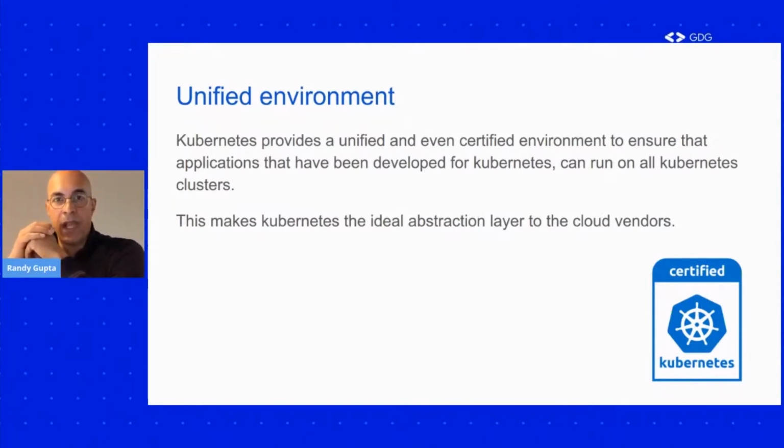And with that, you can be sure that if you develop something on your Minikube, which is also a certified Kubernetes cluster, and you deploy that into another cluster, you will find pretty much the same features. And with that, Kubernetes can be considered as an abstraction to all the cloud vendors. And that makes Kubernetes very valuable.